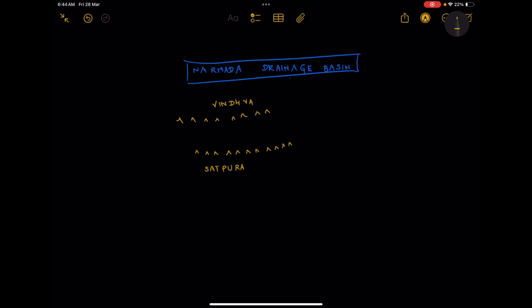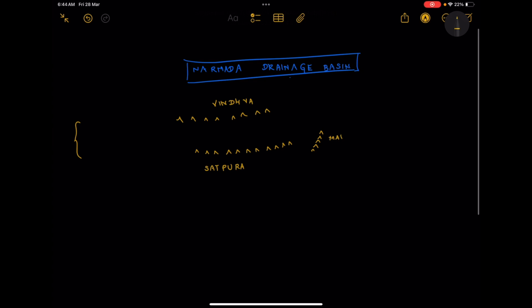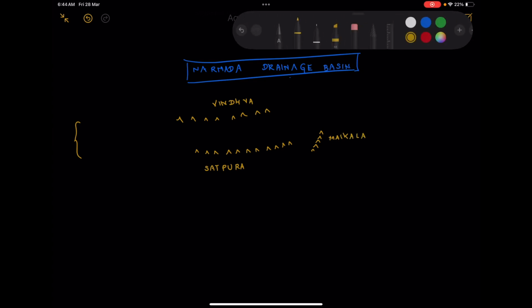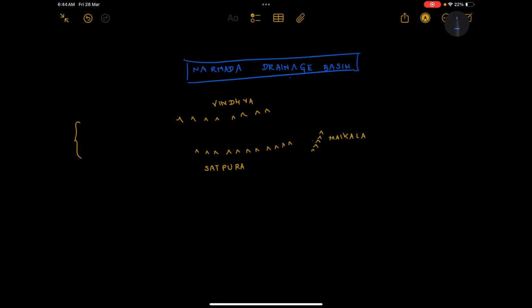If you look at these two, they are the fault block mountains present in central India. And if you look at the Narmada River, it starts from the eastern side, just to give you an idea. From the Maikala Hills, which is the border between Madhya Pradesh and Chhattisgarh, we see the river having a northward direction and then turning westward slowly towards the Rift Valley region.